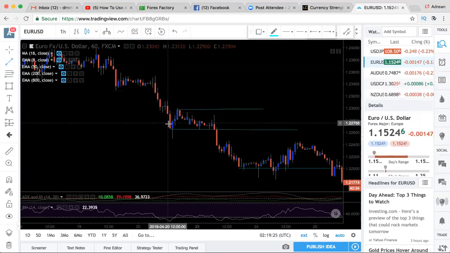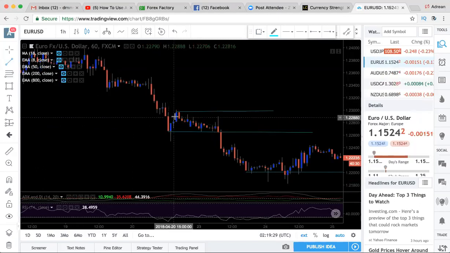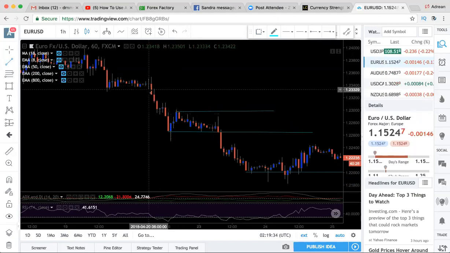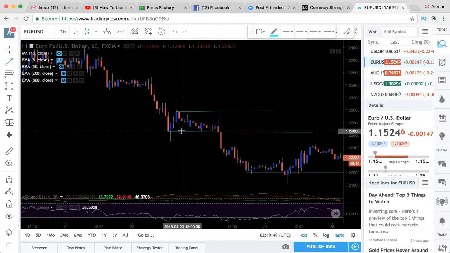As soon as we start to see those blue candlesticks come in, that's when we know the market is now pulling back. The red candlesticks represent the bears, the sellers, going down. And the blue represents the bulls coming up.